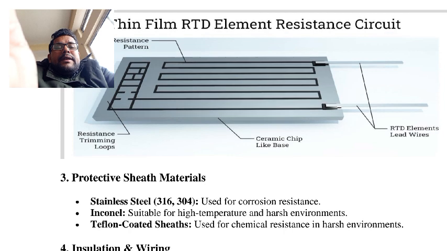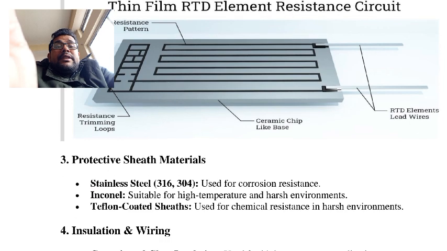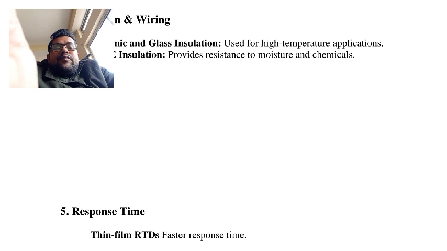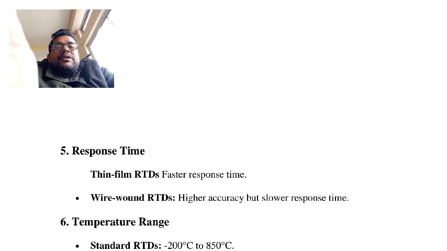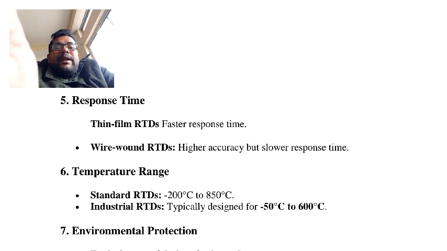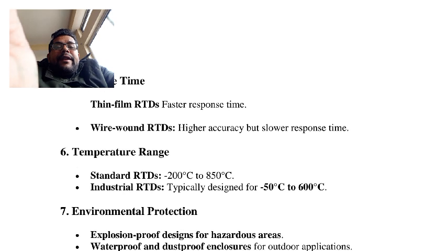Based on the application we can decide. Then we use a protective sheath and insulated wiring. And last is response time. Based on response time we select which type of RTD to prefer, thin film or wire-based.